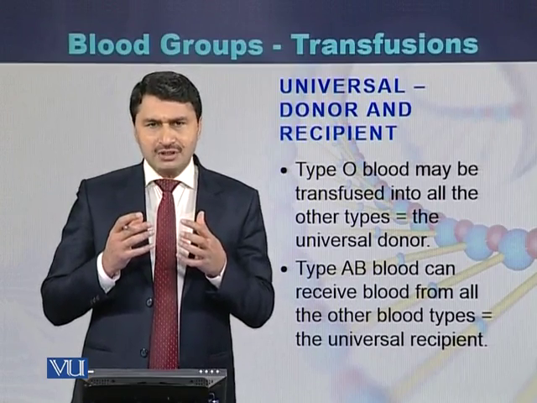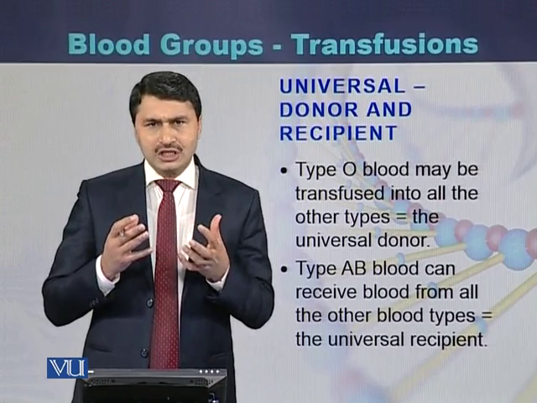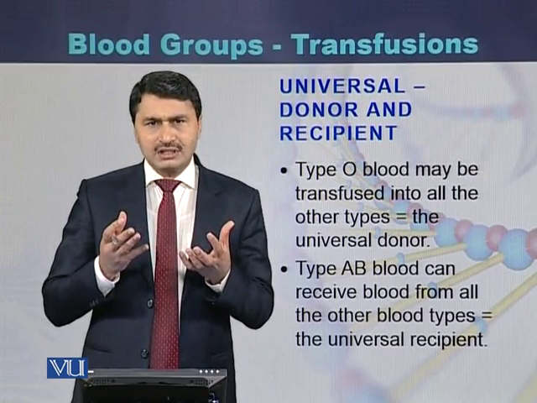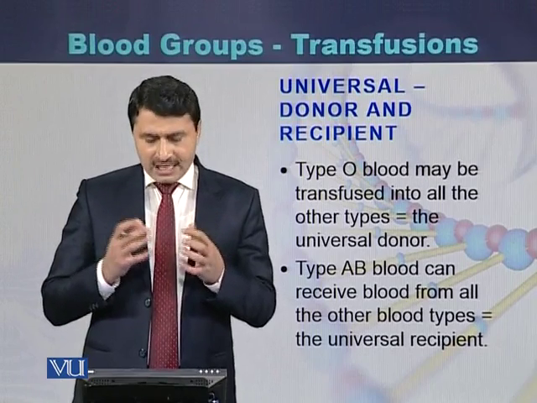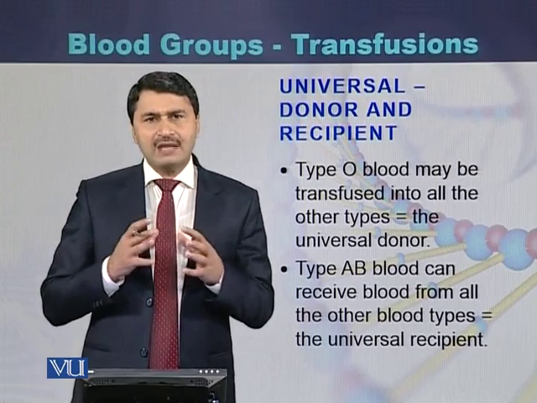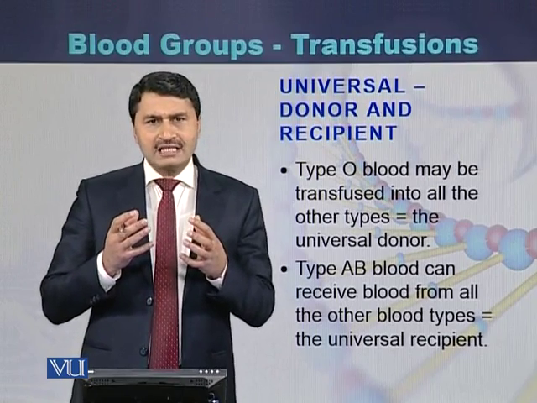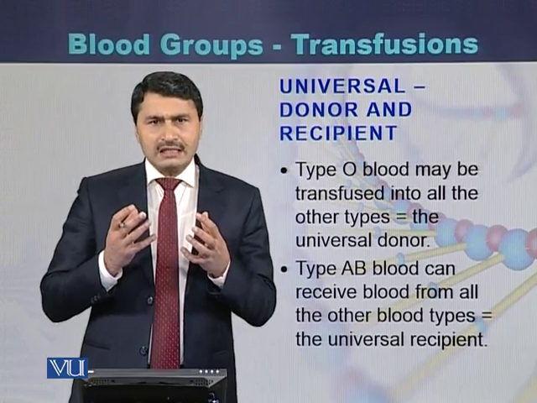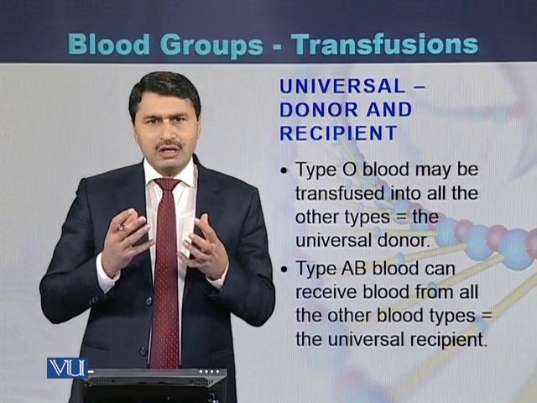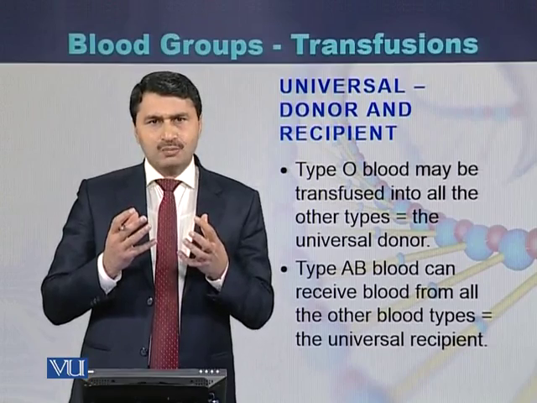This blood can be transfused to any person, whether O or other than O. Blood group type AB is called the universal recipient. All the other blood groups can be donated to a person with blood group type AB.